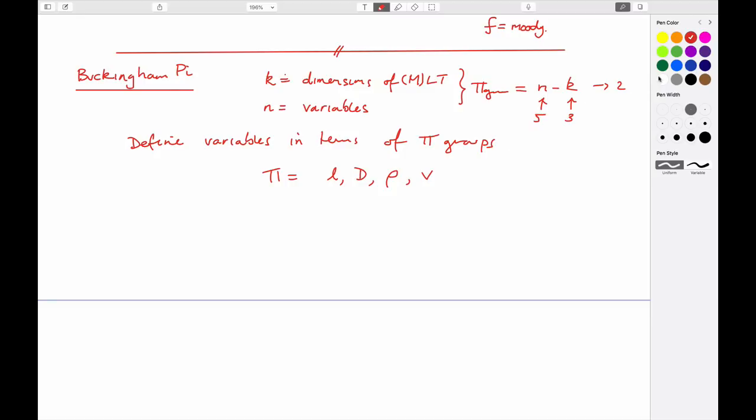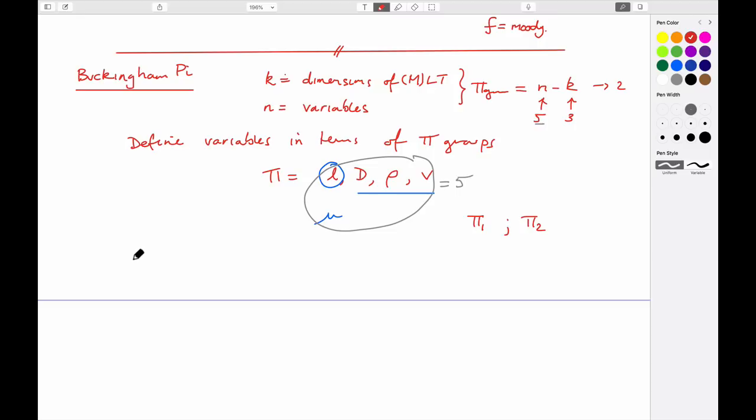And typically 3 of those will be defined for you as repeating variables, and then you'll swap out magnitudes of the non-repeating variables, which might be in this case length, and another one would be mu. And so this would be an example where there are indeed 5 terms and 3 dimensions, mass, length and time, included in all of them. So with that, you can just use Buckingham pi to be able to define, in this case, the pi terms, pi 1 and pi 2.